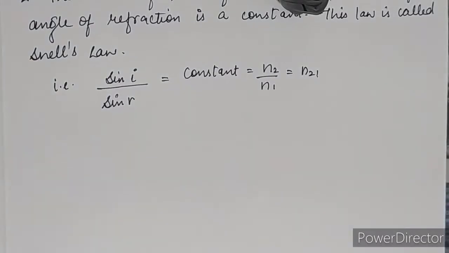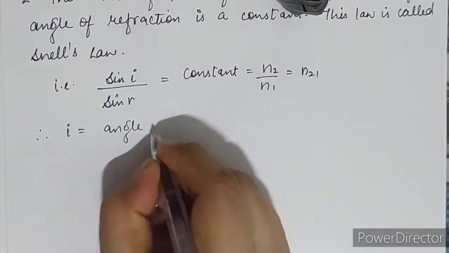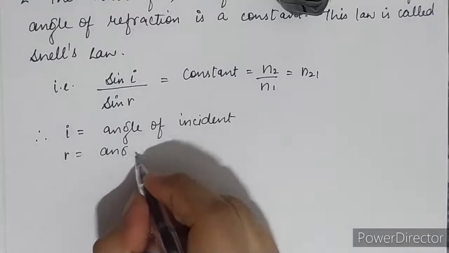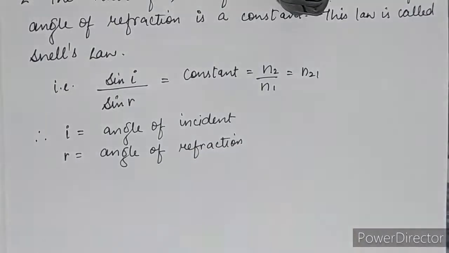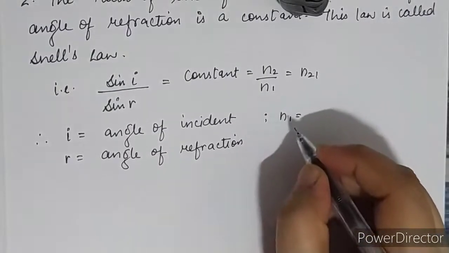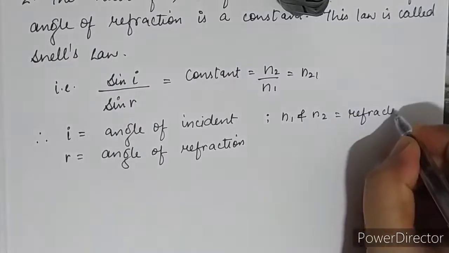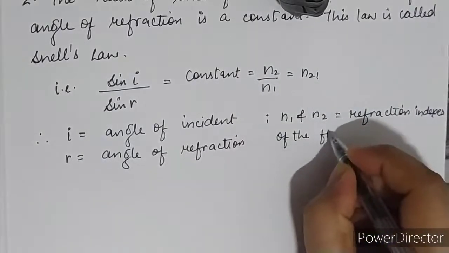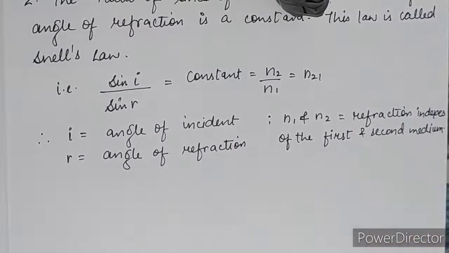I am denoting all these symbols so it will be more clear for you: i is the angle of incidence, r is the angle of refraction, n1 and n2 are the refractive indexes of the first and second medium.